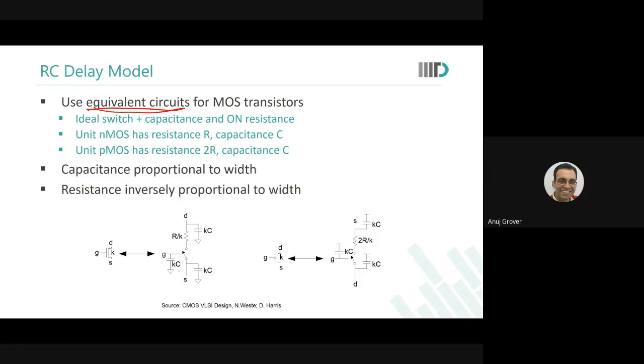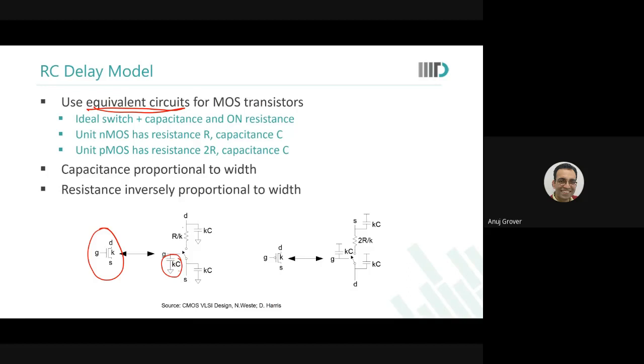If I size my NMOS and PMOS in the ratio of K, okay, let us say that there is a minimum size device, and I have an NMOS which is K times the minimum size device. So what is the input capacitance? K into the capacitance of a unit device.